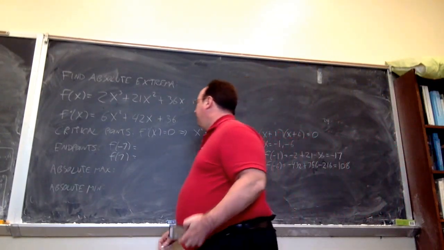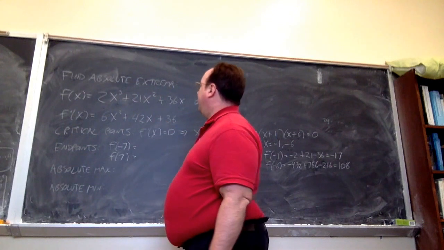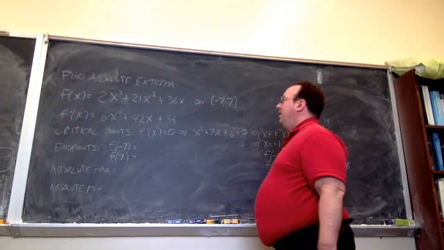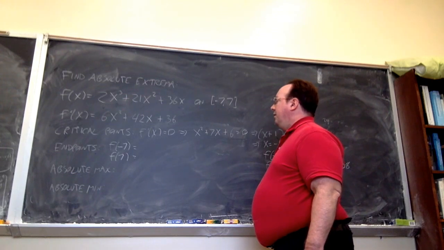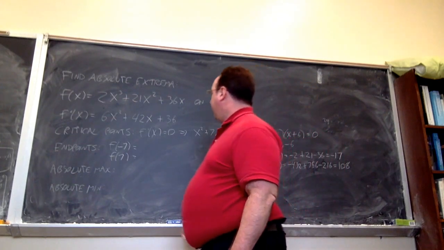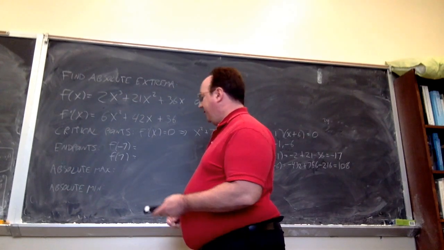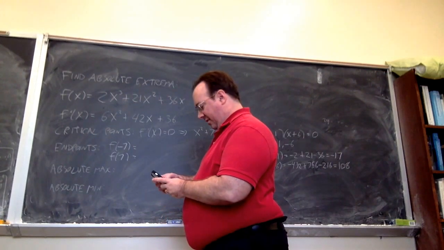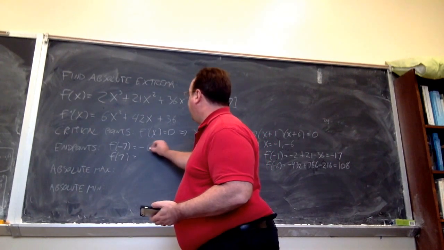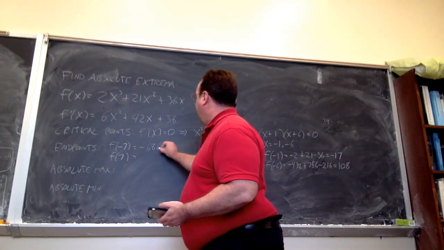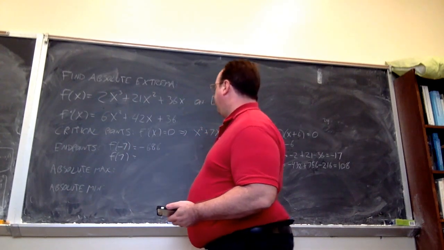Okay, so f of -7: 7 cubed is 343, so times 2, that's -686, because -7 cubed is -343.